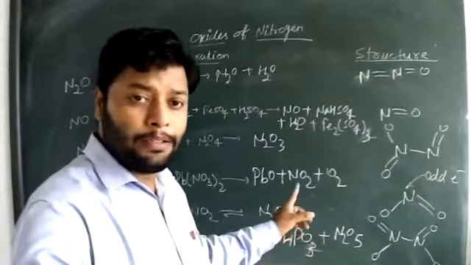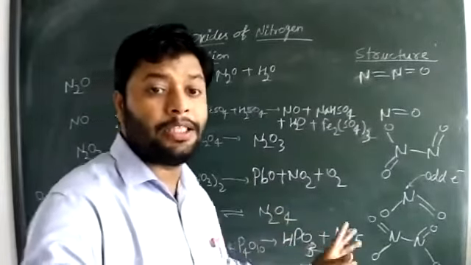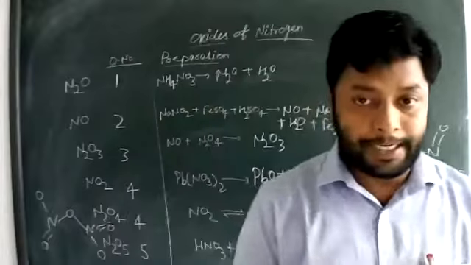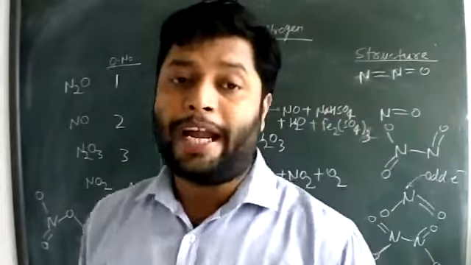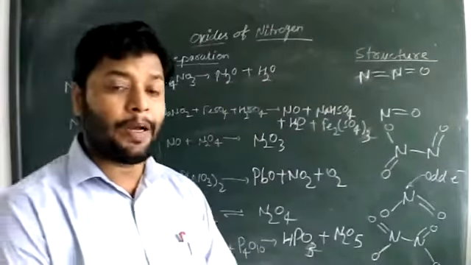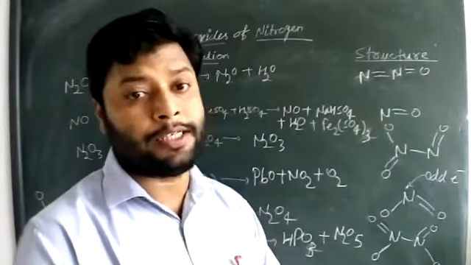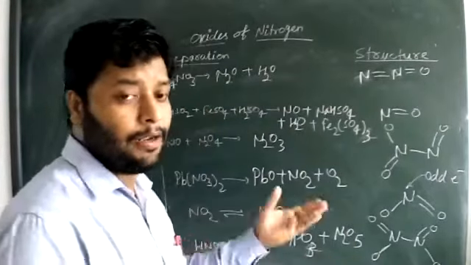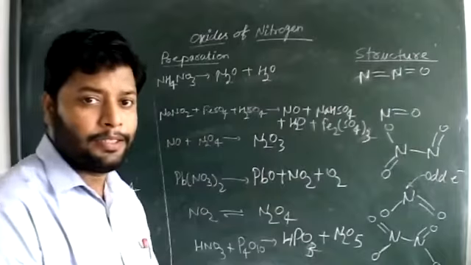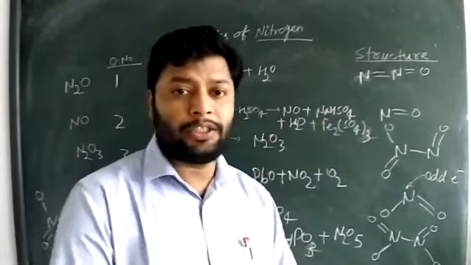You can see both can be changed into each other under the same condition. So NO2 dimerizes because of the presence of an odd electron on the nitrogen atom. This is all about the structure.